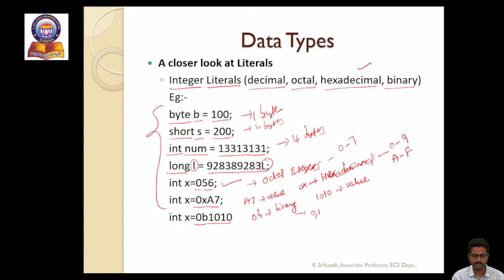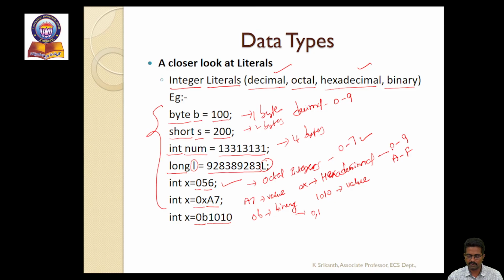So the integers can be of type decimal. Decimal means it supports digits from 0 to 9. Octal supports the digits from 0 to 7, whereas hexadecimal format supports digits from 0 to 9 and capital A to F. Capital A means 10 and capital F means 15.